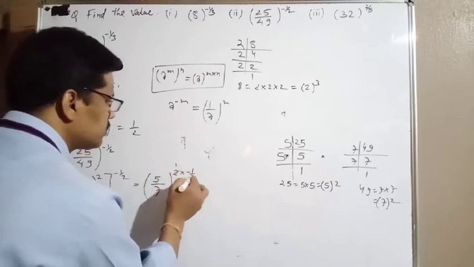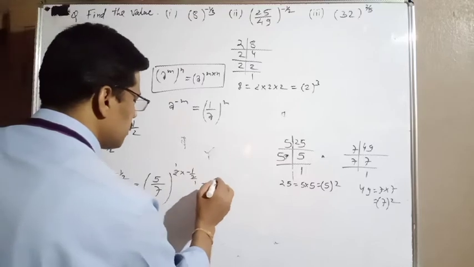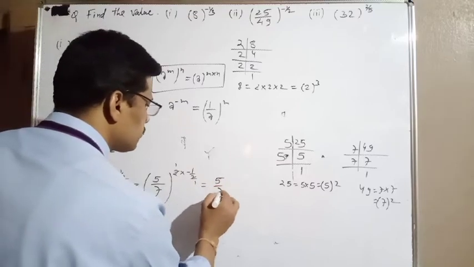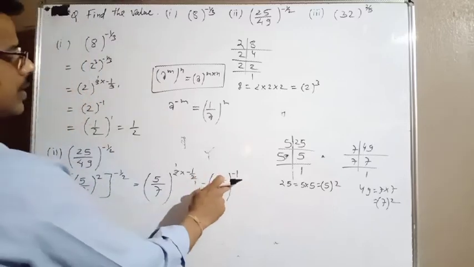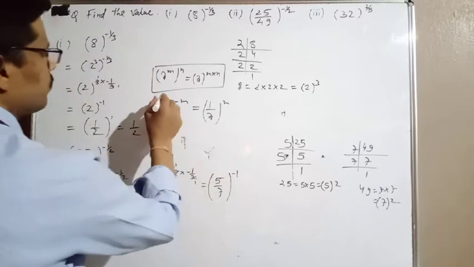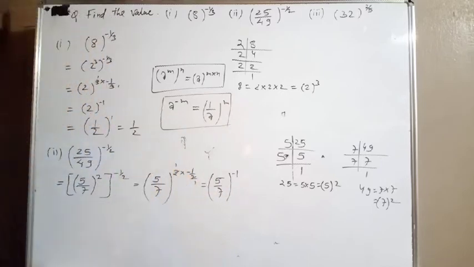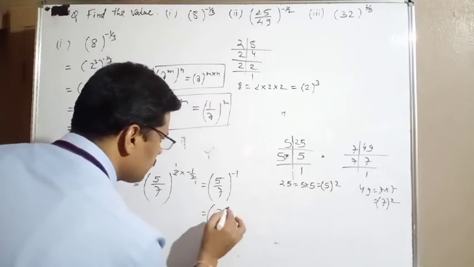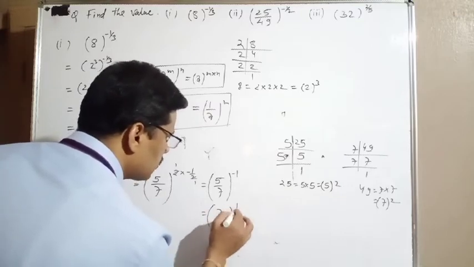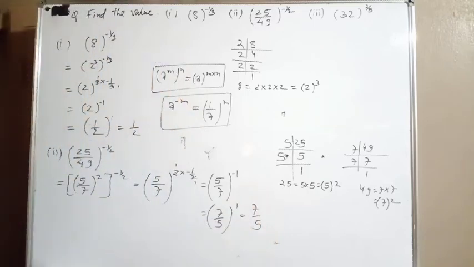This 2 cancels. What do we get here? Minus 1. We can write here 5 upon 7 power minus 1. Now we want to make its power positive. How will you make its power positive? By using this formula. 5 upon 7 becomes 7 upon 5, and the power is 1. We can write 7 upon 5. Got it? Now the next question.